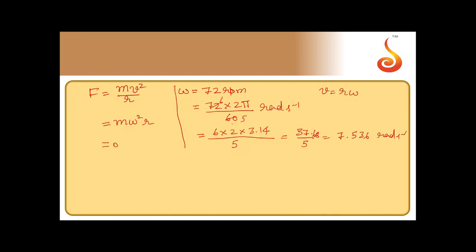Substitute here, this is 0.012 into 7.5 square into radius 0.06.